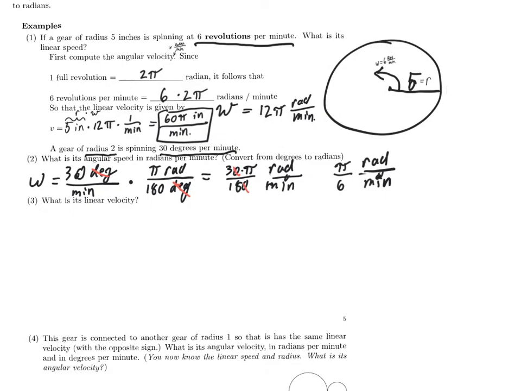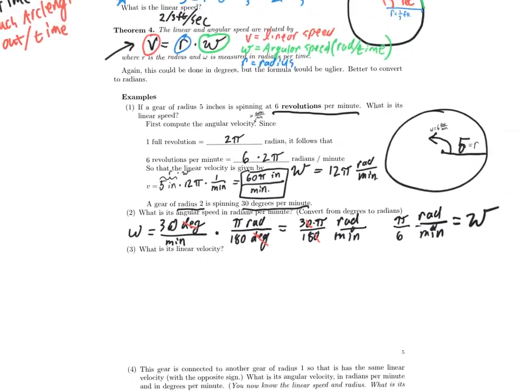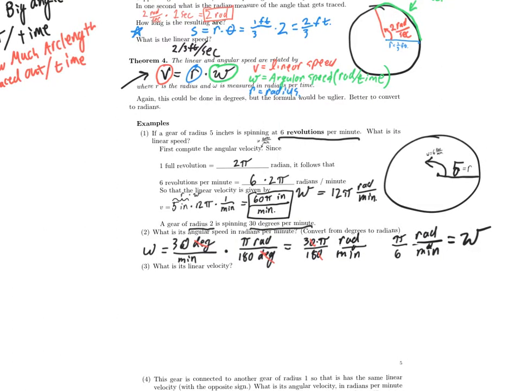Alright, so there's my omega. Now I can use this formula to find the linear velocity. The linear velocity is equal to the radius times omega. I know the radius. The radius is 2, whatever the units of distance being used are.